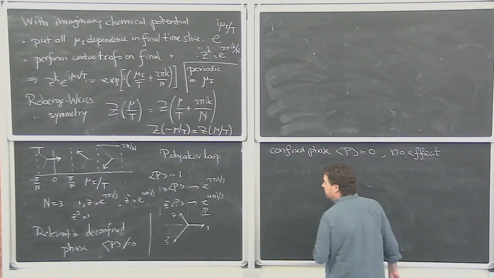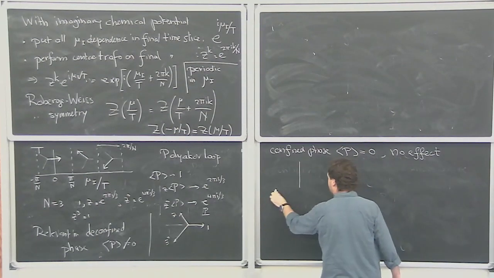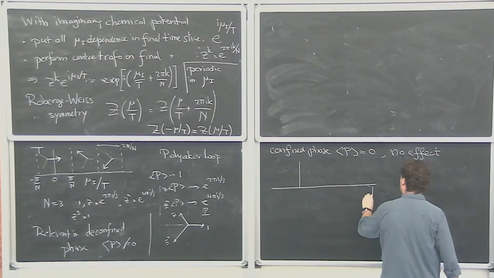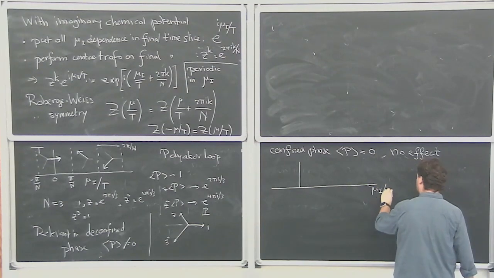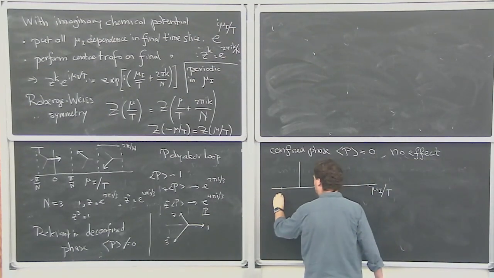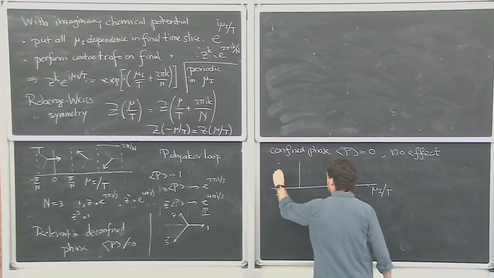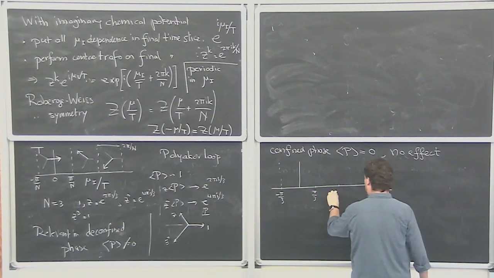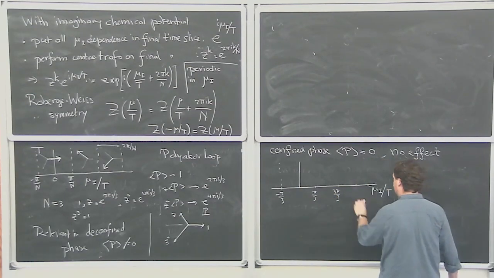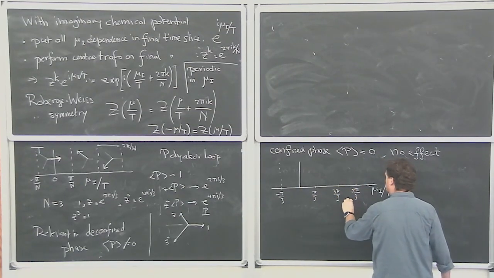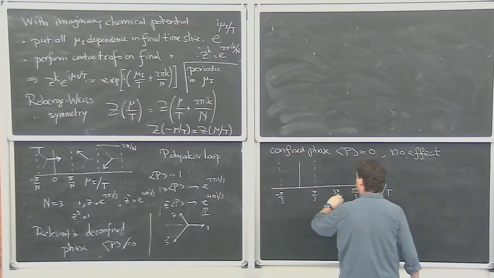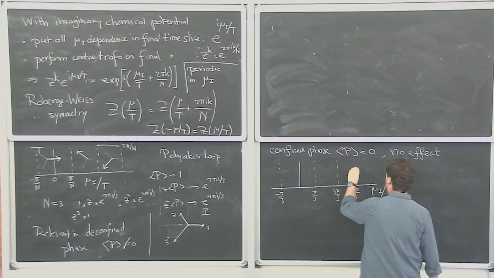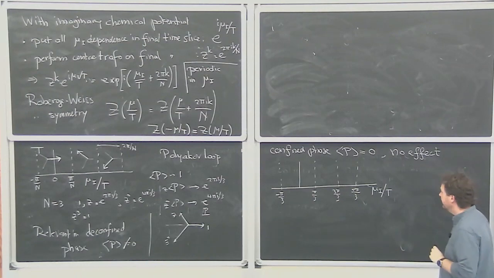So, effectively then, we have this phase diagram in the mu I plane over T. So this is minus pi over 3, pi over 3, 3 pi over 3, 5 pi over 3. And so we have these boundaries.